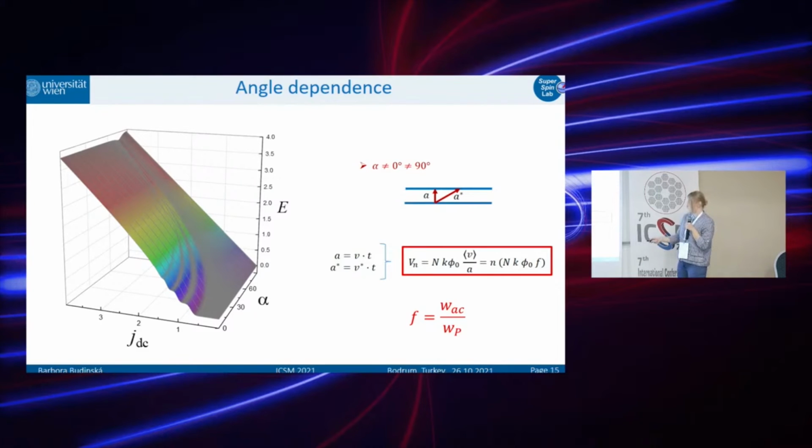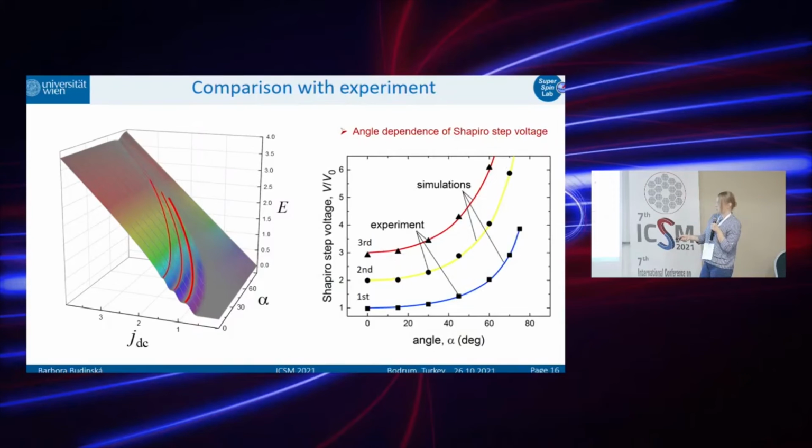So the F that we will have here is getting larger, and this is the F that we use to calculate the position of the Shapiro steps, at what voltages they are. So this one is getting higher, so really the voltages should be getting higher. And this is what we really observe. As the angle is getting larger, the Shapiro steps appear at larger and larger voltages. And this coincides also with the experimental results, so very nicely we can see how we can replicate this with simulation.